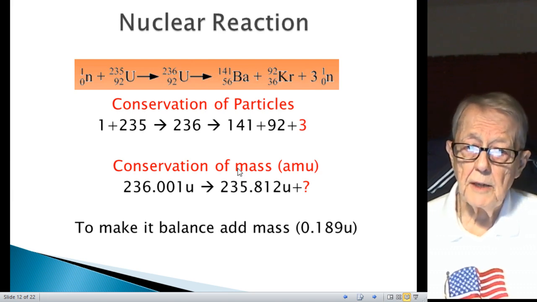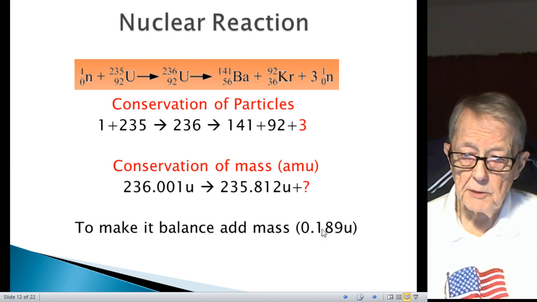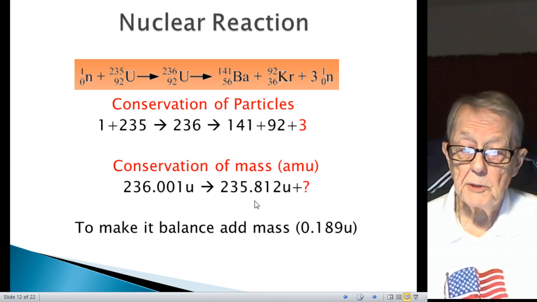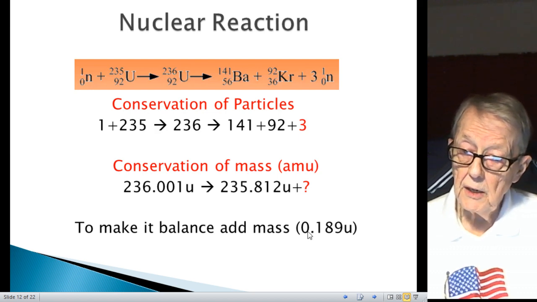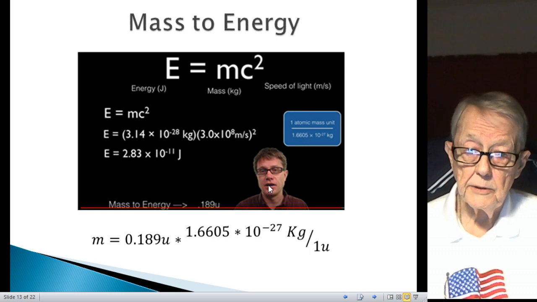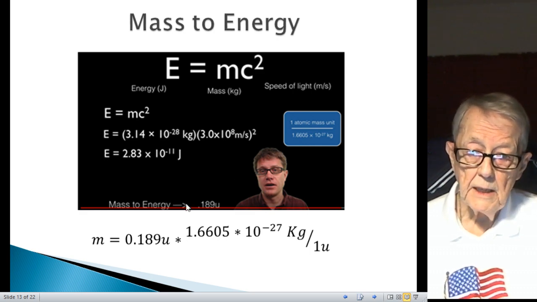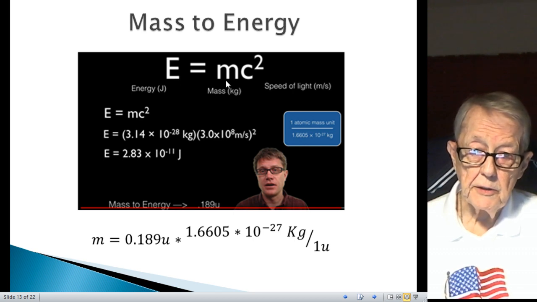But you also have conservation of mass, except there's a missing mass. This 0.189 mass is missing, and what the video tells you is you can use this mass to calculate the binding energy. So you're going to use E equals mc squared to calculate the energy using the mass.